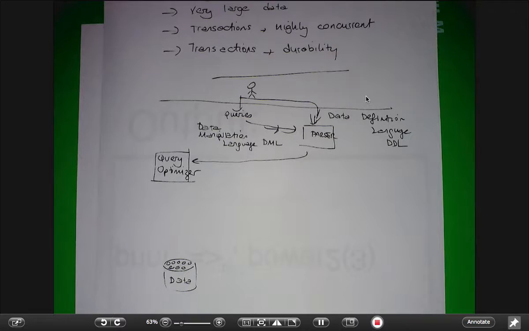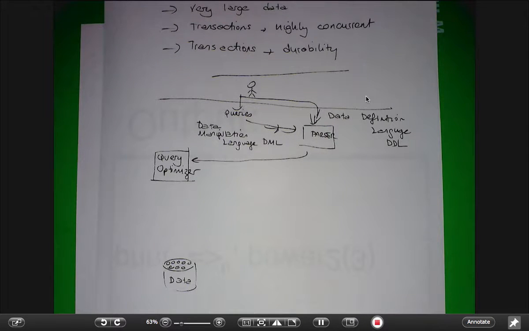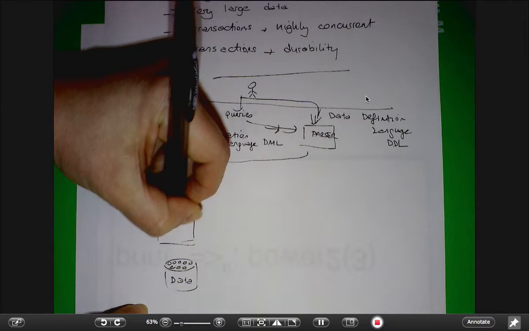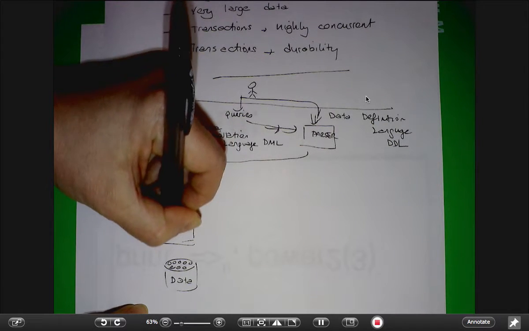So once you do query optimization, you're going to come up with a query plan. The query plan has to do with how you actually store the data. So not only which relations exist, but also which data is stored in which indices exist. So there is actually a storage manager that stores that information.